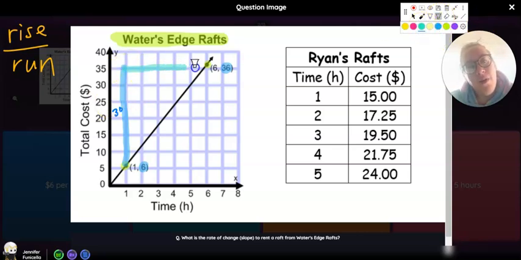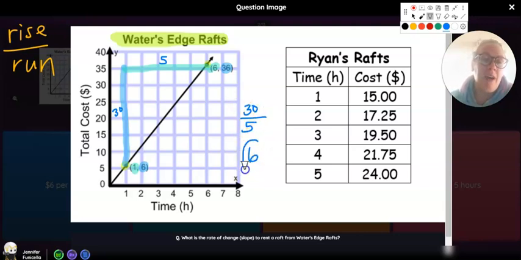And then we're going over to the right, and we went from 1 to 6, which means we went right 5. So we went up 30 and right 5. That's our rise over run. And 30 divided by 5 gets us a rate of change of 6. So what this means, right, our Y variable is the total cost of money.